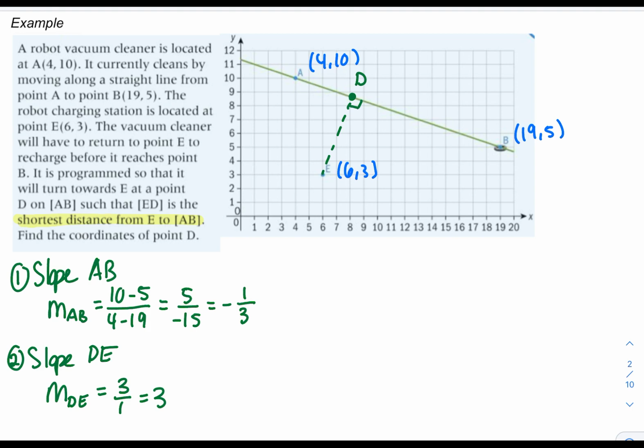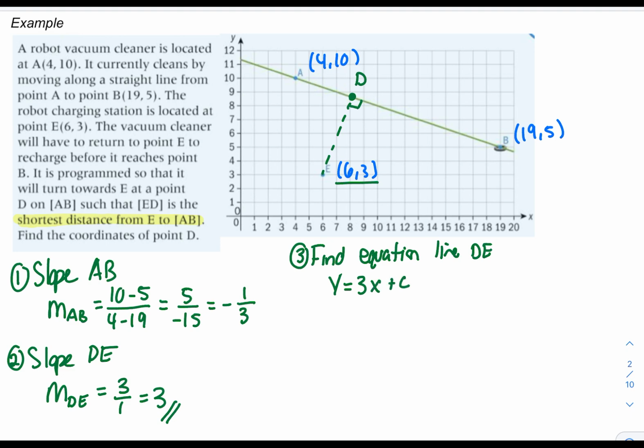Now, we have the slope of the line DE, and we do have the coordinate of point E. So next, I can find the equation of the line DE. My equation is going to be y is equal to 3x plus c.